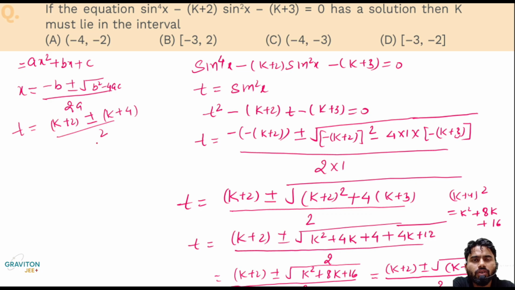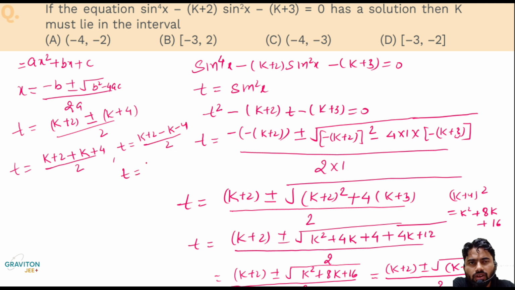Take the positive sign: k plus 2 plus k plus 4 upon 2. When you take the negative sign, this will give you k plus 2 minus k minus 4 upon 2.